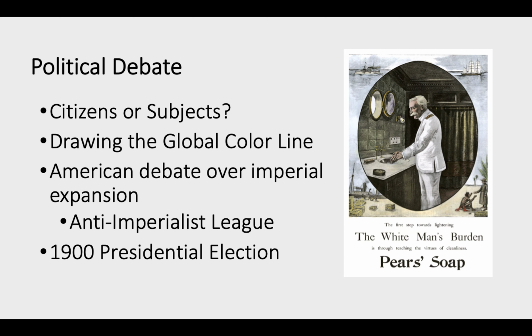In 1900, the presidential election was the Democratic candidate William Jennings Bryan running against the Republican candidate President McKinley. And the most pressing question of this entire presidential race was, are we an empire or are we a republic?